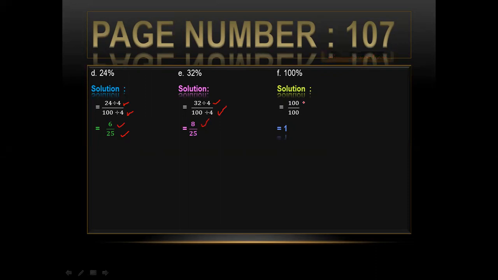We cannot simplify it further. The last part is 100%. 100% means 100 over 100. They both cancel with each other and our answer will be 1.